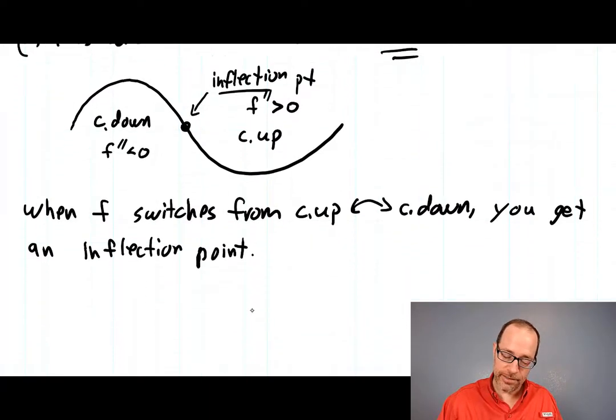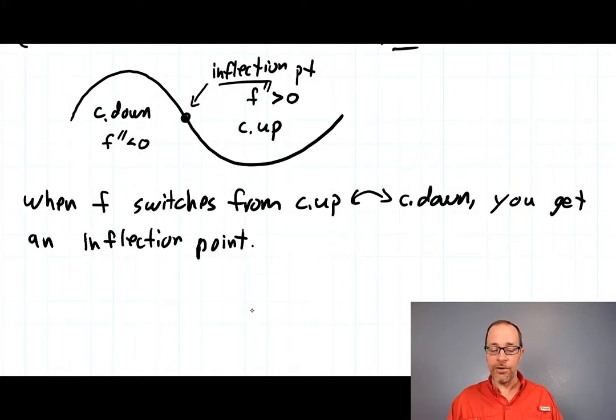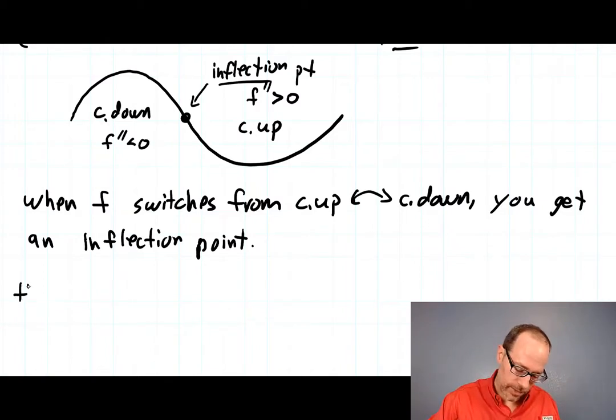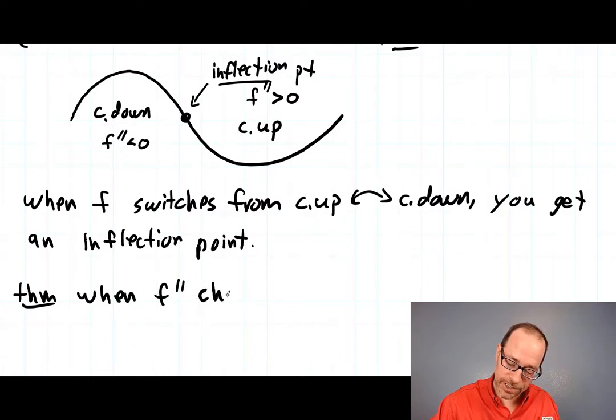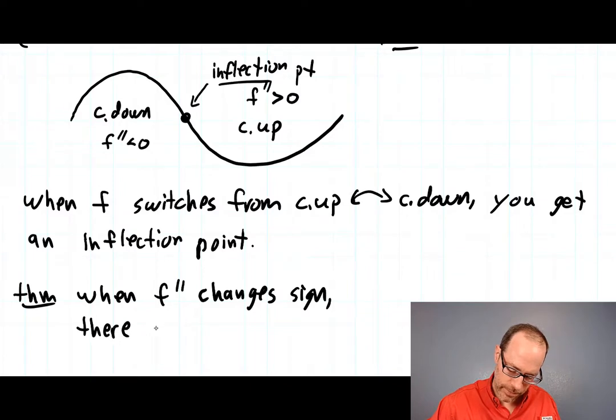And as we said, going from concave up to down, either the second derivative switched from negative to positive, or it switched from positive to negative. So that gives us this. It says when f double prime changes sign, there is an inflection point.